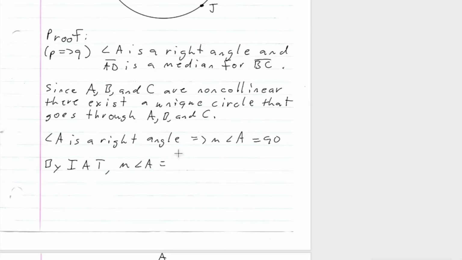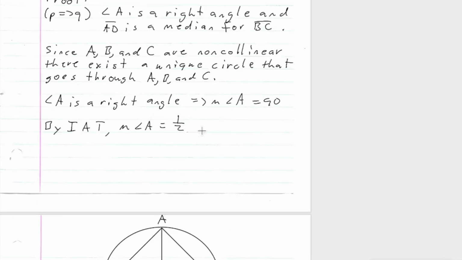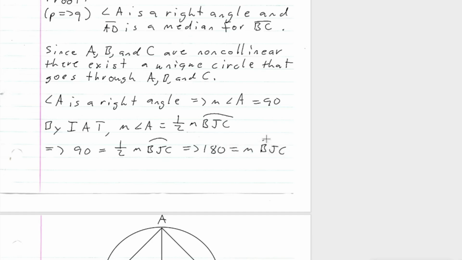So 90 is equal to half of the measure of arc BJC. If we multiply by 2 on both sides, we get 180 is equal to the measure of arc BJC.